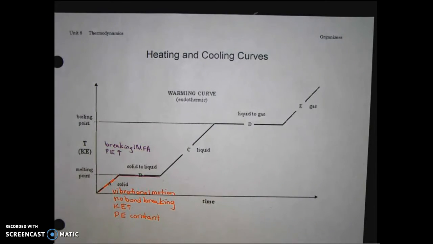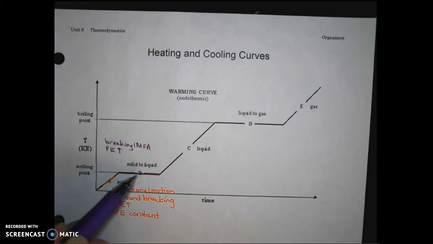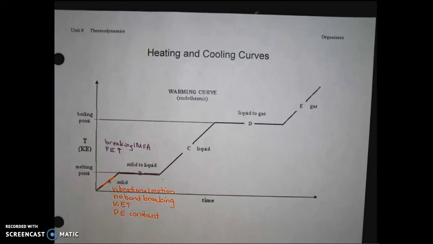When you start breaking IMFAs, you have to put more energy into the molecules because you're making them unstable. Stable things have less energy, unstable things have more energy. When you break a bond, you're destabilizing something. So we're actually increasing the potential energy over time as we go from left to right along this plateau.